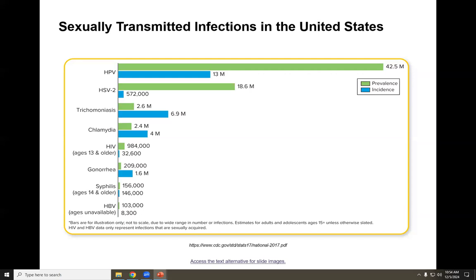They believe it's over 90% of people who have been sexually active have probably seen it at some point and just didn't know. Sort of like we talked about with West Nile virus, you probably had it and didn't even know. It can also cause cancer and genital warts, less concerningly so.